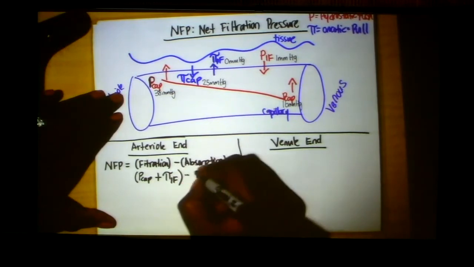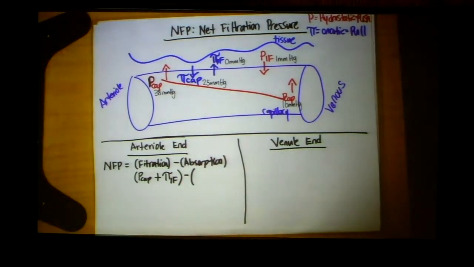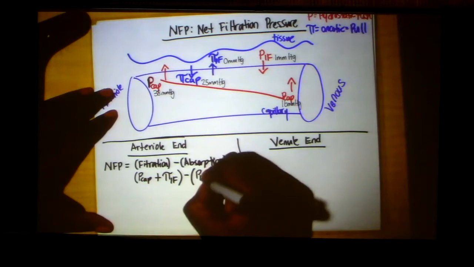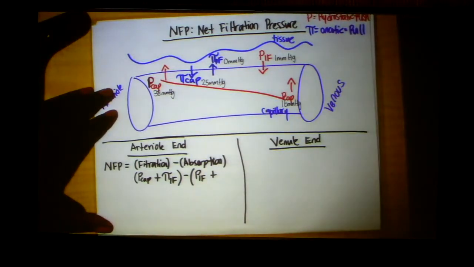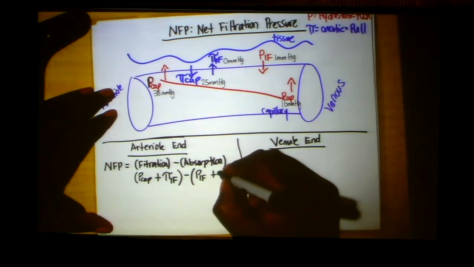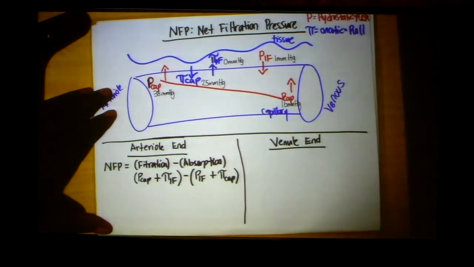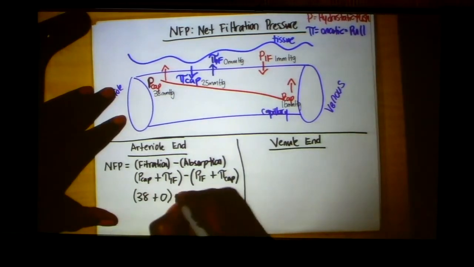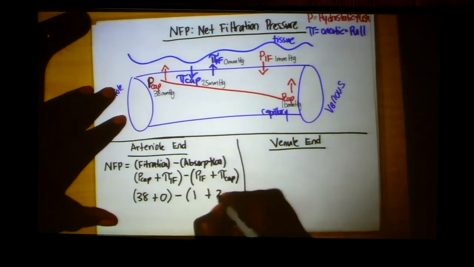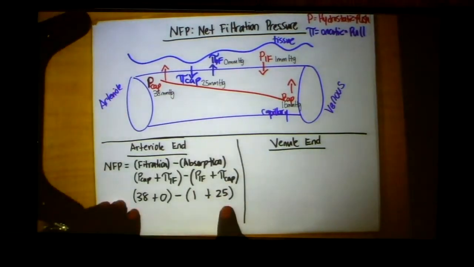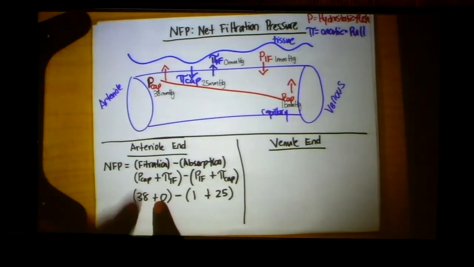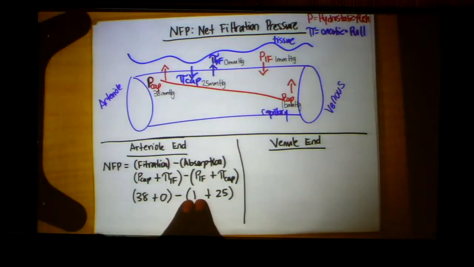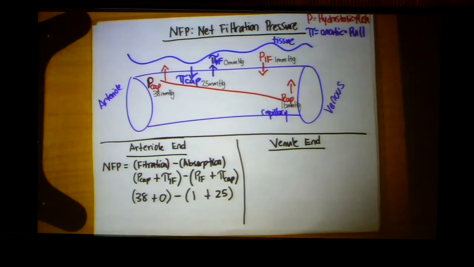Then that gives us our other two forces that we know favor absorption, which are the interstitial fluid hydrostatic pressure and the capillary oncotic pressure. So all we do is plug in the variables. This is 38 plus 0, and we subtract out 1 plus 25. That's the capillary hydrostatic pressure, interstitial fluid osmotic pressure, interstitial fluid hydrostatic pressure, and capillary oncotic pressure.